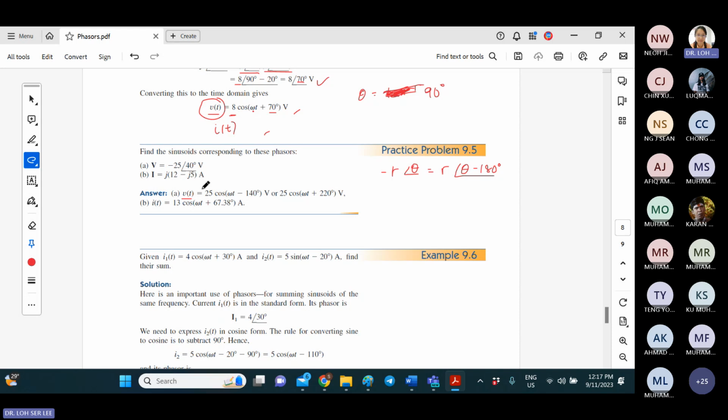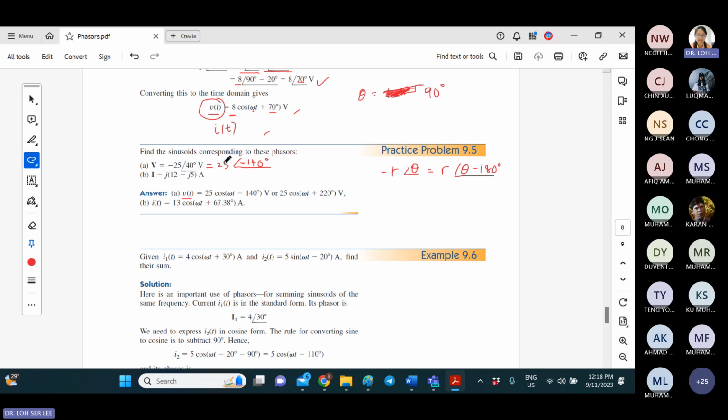Because this one is your VM. We want to get VM later. Your VM must be positive. That's why we have to change this from negative into positive. So if we use this formula, negative R will be changed into positive R. So what happens to your angle? 40 minus 180, right? 40 minus 180, you will get negative 140.